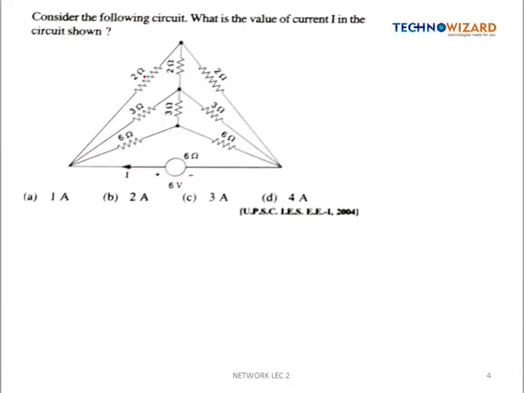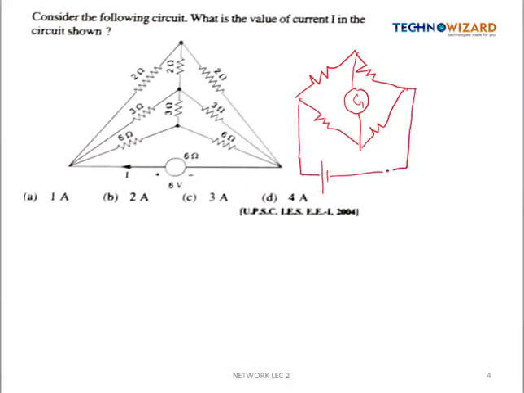So basically this circuit is a bridge circuit, and we know that a bridge is balanced when the product of opposite arms is equal. For example, if I draw a simple bridge and connect a galvanometer between these 2 points and a voltage source here, right?